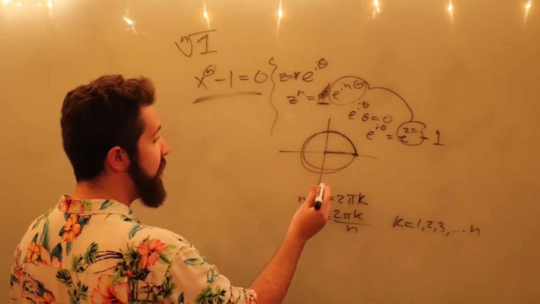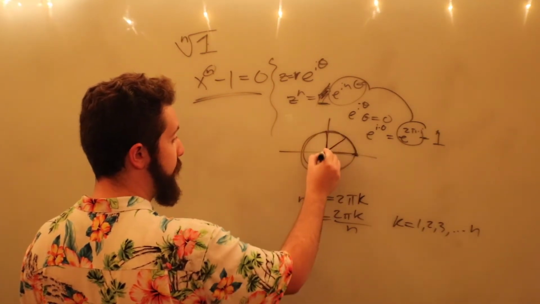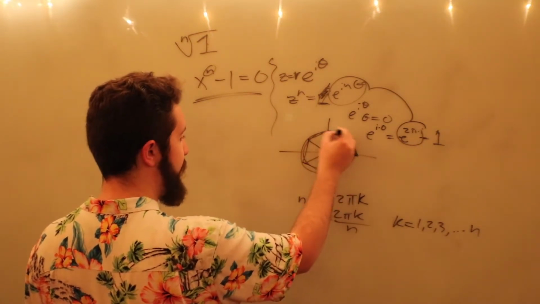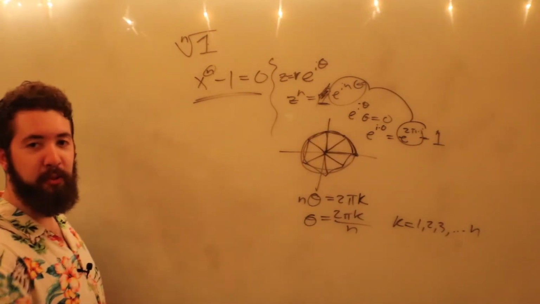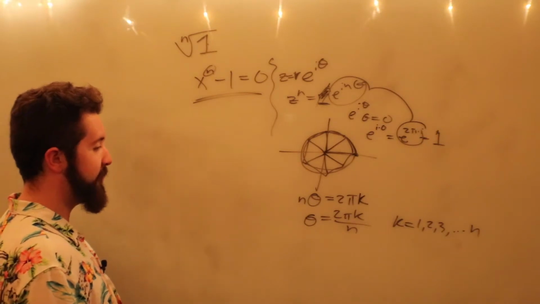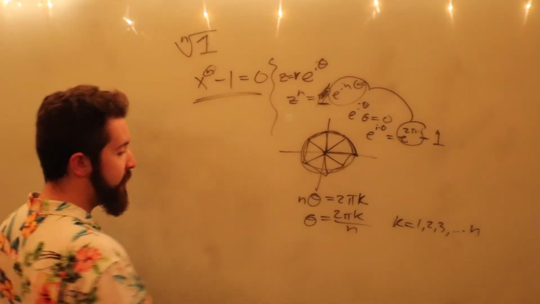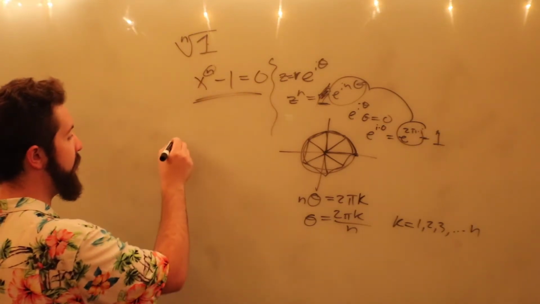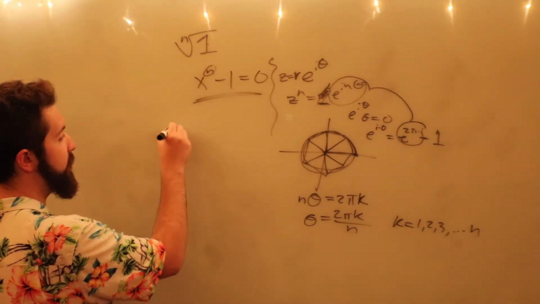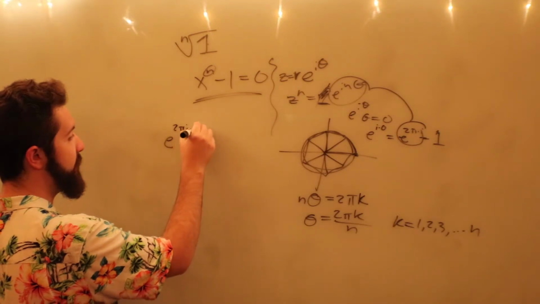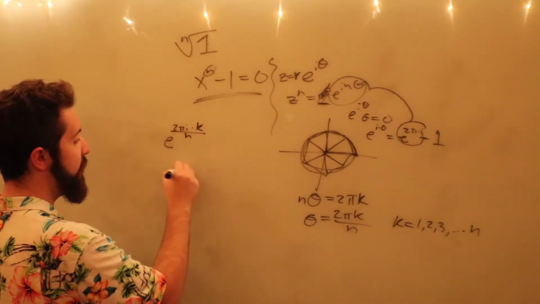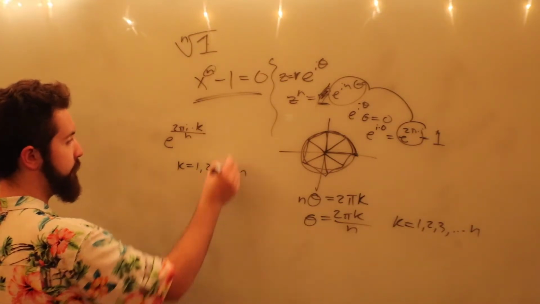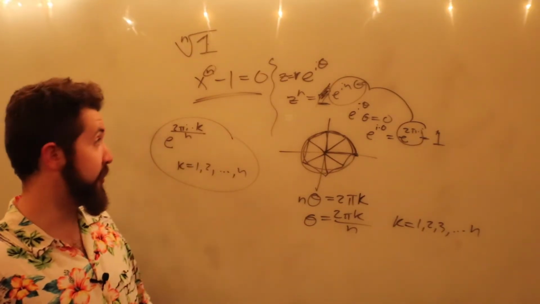So our n different roots will actually make a regular polygon on this, which is a cute thing that we could talk about another time. All kinds of cool stuff with complex numbers and geometry. Lots of connections there. But our n numbers, which to the nth power are 1, are going to be e to the 2 pi i times k all over n, for k equals 1, 2, all the way up to n. These are called the nth roots of unity.